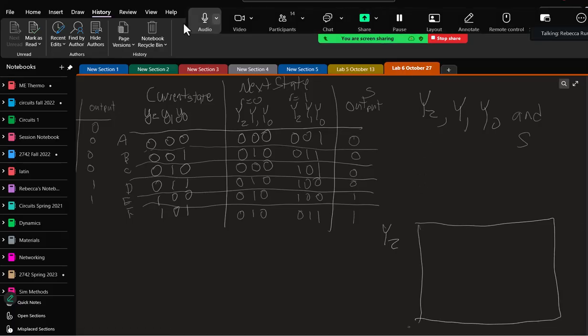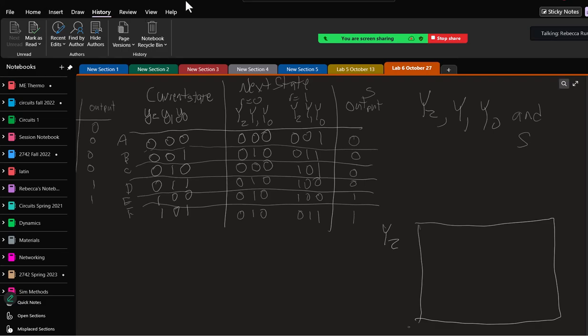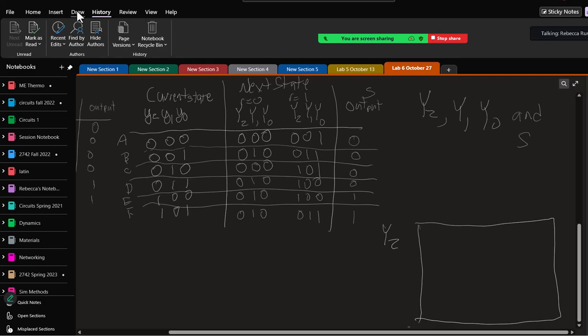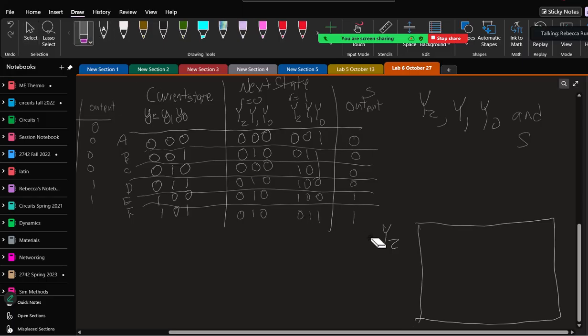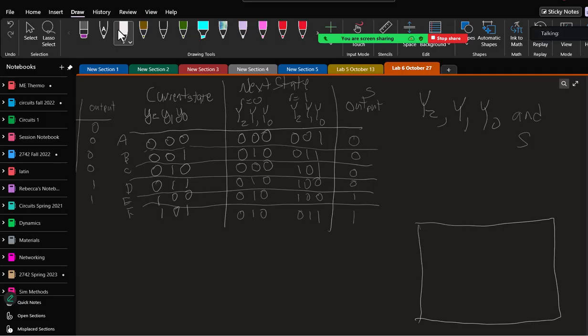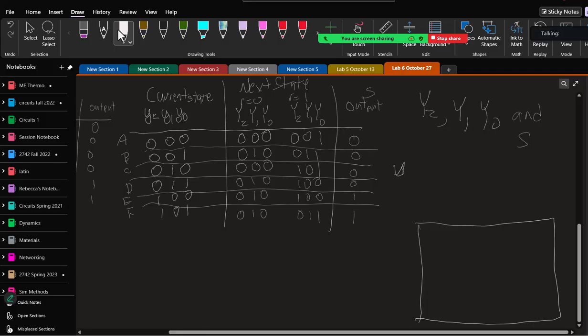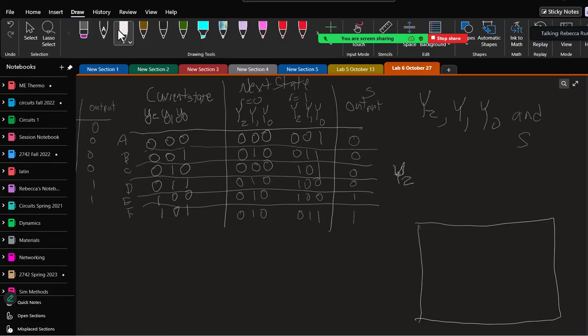And y2 is the next state for flip-flop 2. It depends on the previous state, and it depends on the input. So it depends on what y2 and y1 are, and also what y0 and r are.